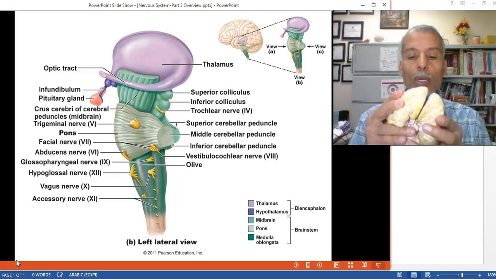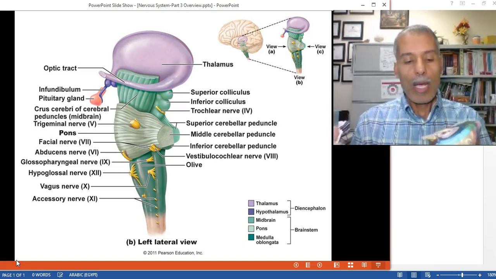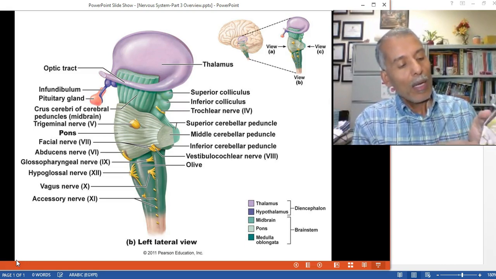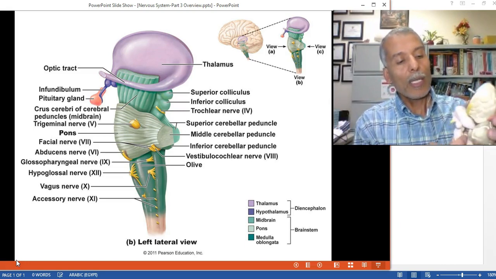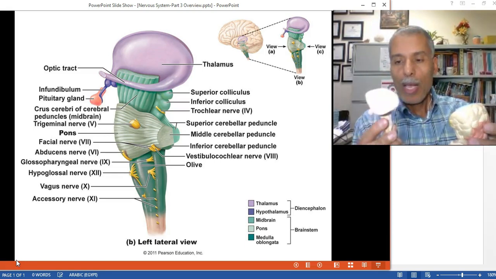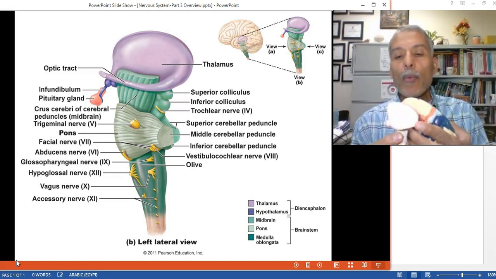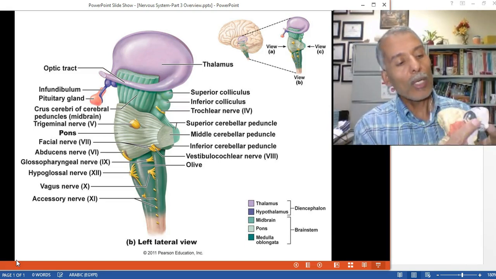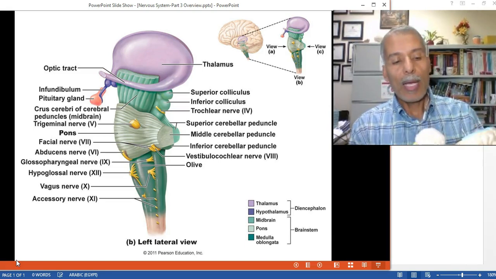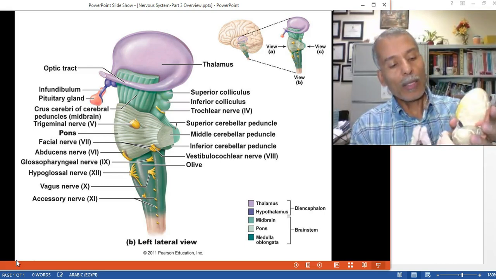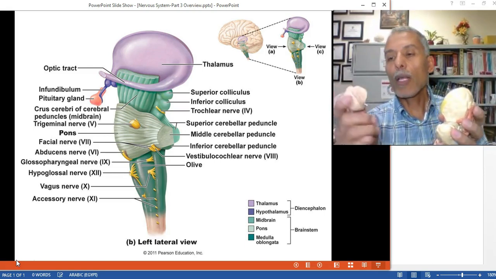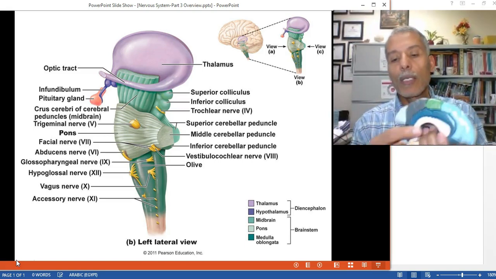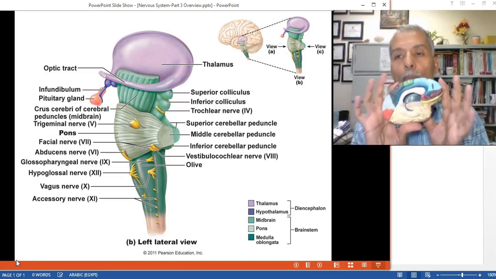And when you open it up, here is the brain stem, and the thalamus. The hypothalamus would show a little bit here, and then take this cerebellum, and all of this here is the cerebrum.